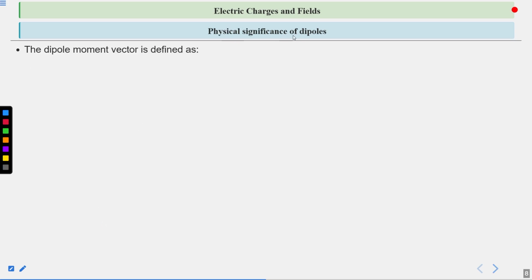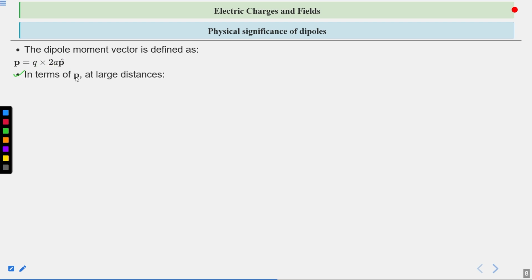Now, the physical significance of dipoles. The dipole moment vector is defined as p is equal to q cross 2a. Here q is the charge and 2a is the distance between the charges, or we can say the length of the dipole, and p cap is the direction.